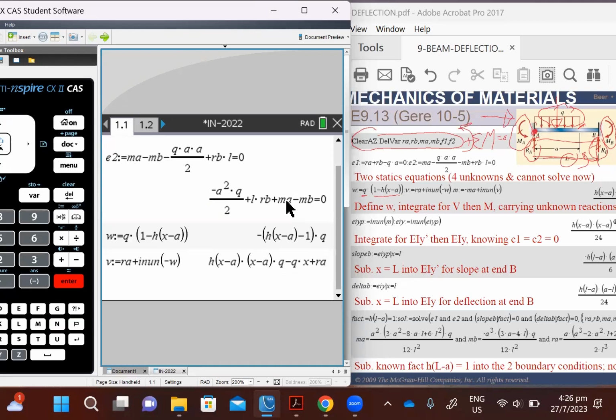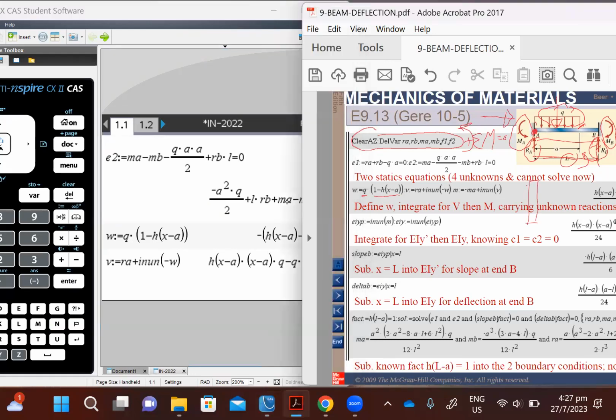And now let us go to the next part, which is the moment as a function of X. And again, let's look at the left-hand side. Okay, you already have M sub A, the reaction moment provided by the wall on the beam, which is assumed to be anticlockwise.